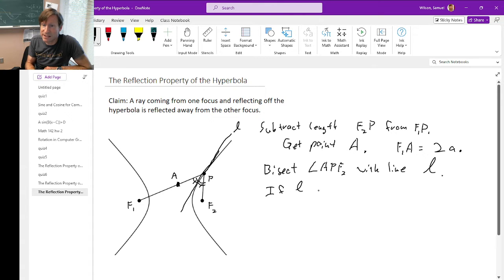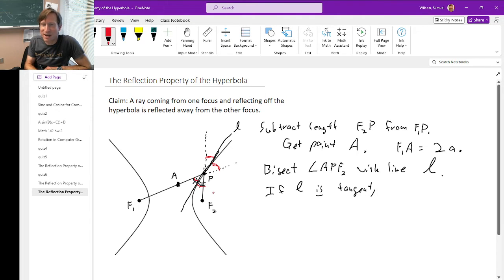So if L is tangent, then, let me extend the line from F2 to P. So if we extend both of the lines coming from the foci through the point P, and if L is tangent, then we already know that this red angle equals this red angle, and that means that these other two red angles are vertical to the first two red angles.